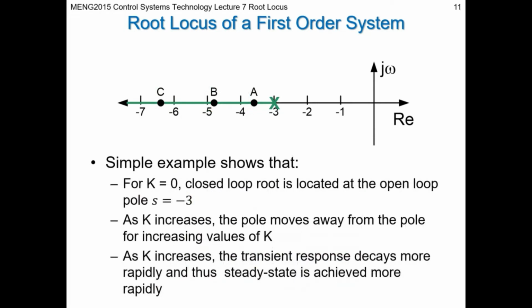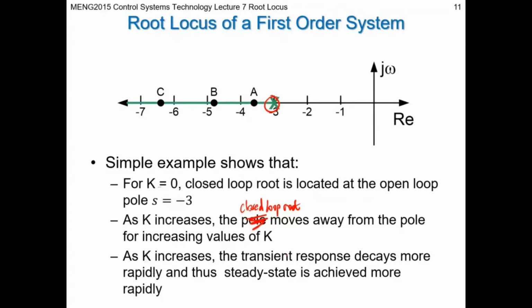So this simple example showed us quite a few things. First of all, when K equals 0, the closed loop root is located at the open loop pole, and that's generally true. As K increases, the closed loop root moves away from the pole as values of K increase.